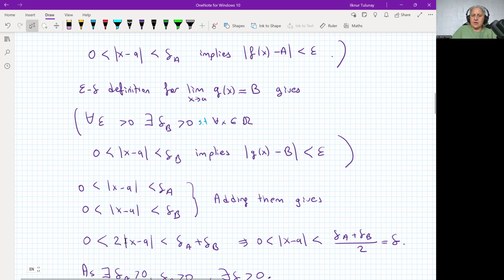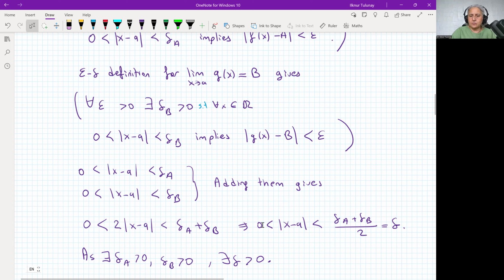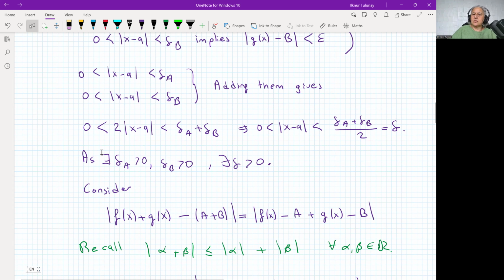When I divide everything by 2, we will have 0 smaller than |x minus a| smaller than (delta A plus delta B) over 2. So this is what I want, but this is the delta, right? Because we want a delta for f(x) plus g(x). There exists a delta because delta A and delta B exist, so this definition of delta exists.